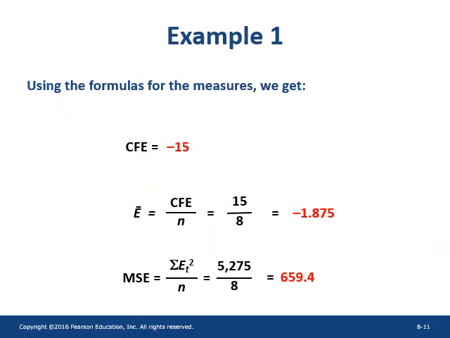Here we are. The CFE is negative 15, and so the MFE, or E bar, is 15 over 8. The mean squared error is the sum of the squared error terms divided by 8.